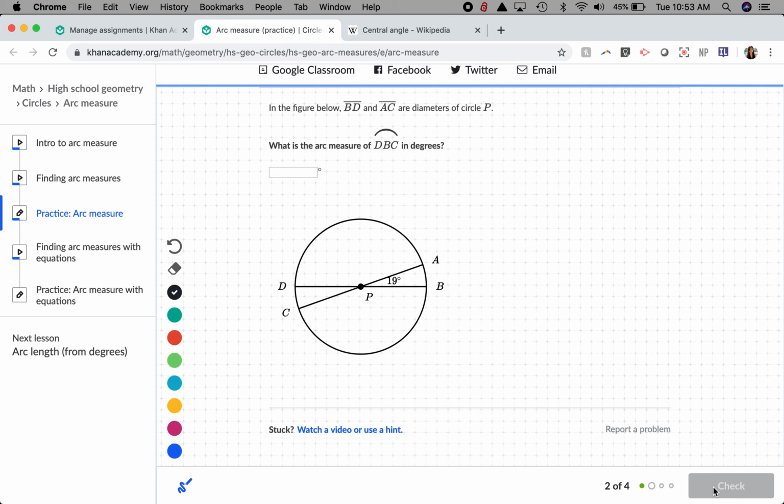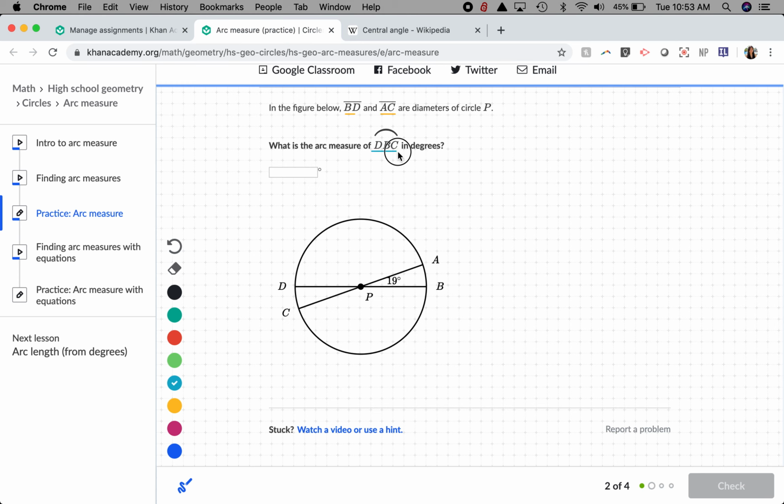All right, let's look at this problem. In the figure below, line BD and line AC are diameters of circle P. So again, like earlier, these two lines are cutting our circle exactly in half. What is the arc measure of DBC in degrees?